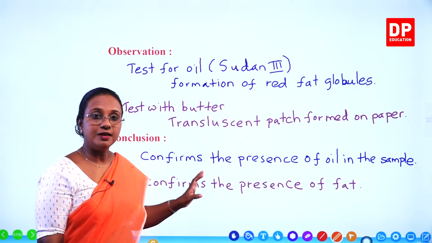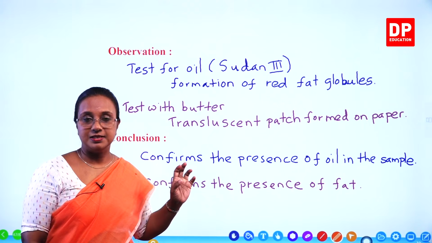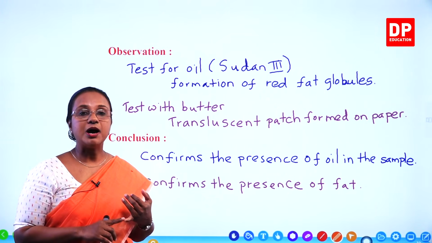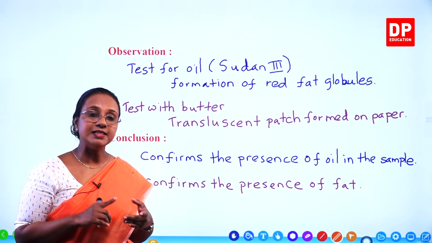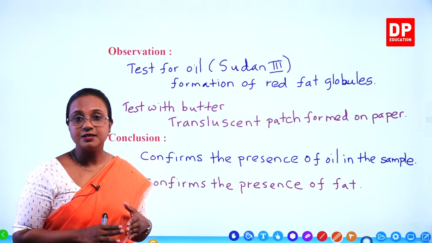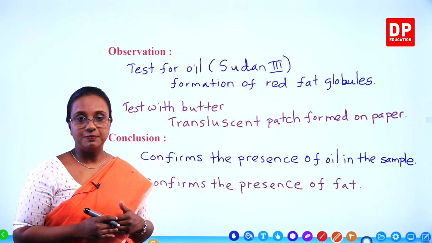So with that we come to the end of discussion on lipids. Now you all have a very good understanding about what lipids are, the elements present and their significance, and finally the test done to confirm the presence of lipid.